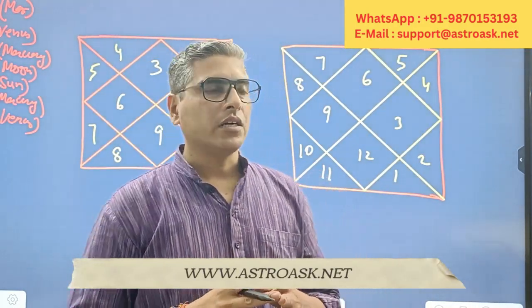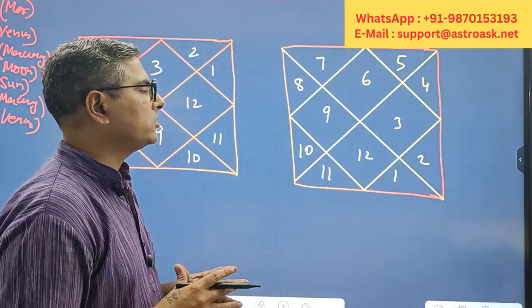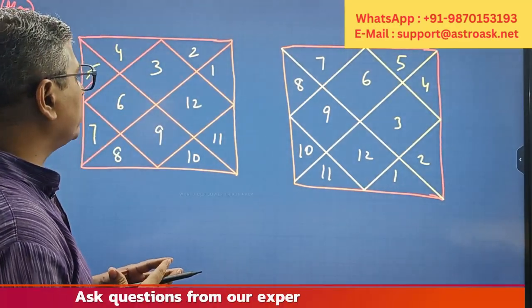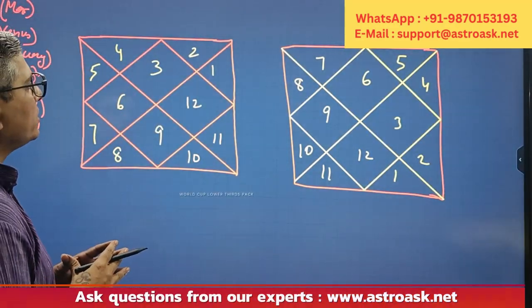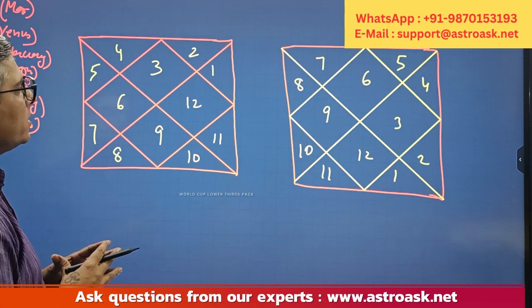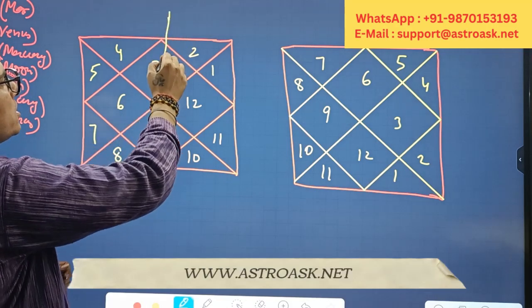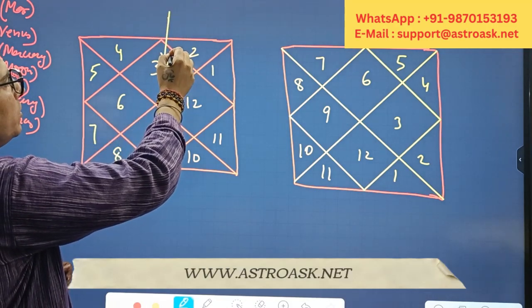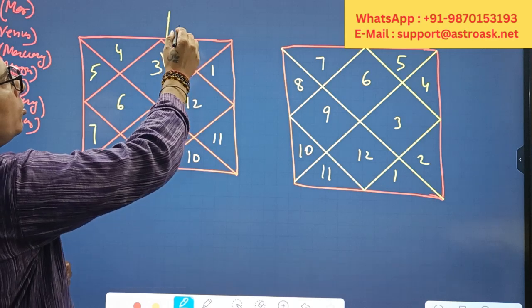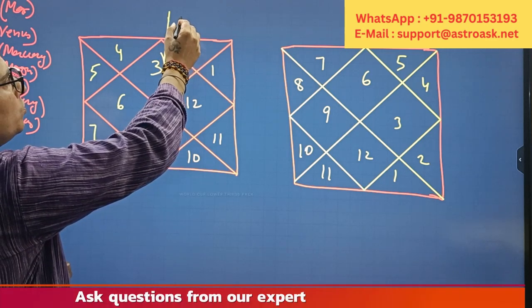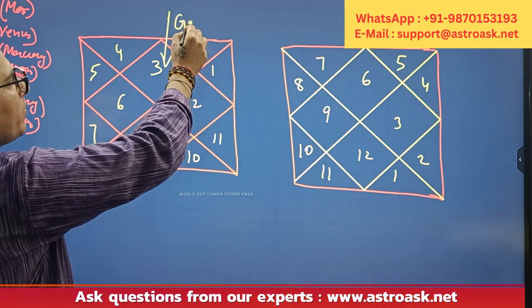So here you can see I have prepared two different birth charts. Now let's understand which is the lord of which house. Let's first understand, this is the first house here, right? Number 3. So number 3 belongs to Gemini.